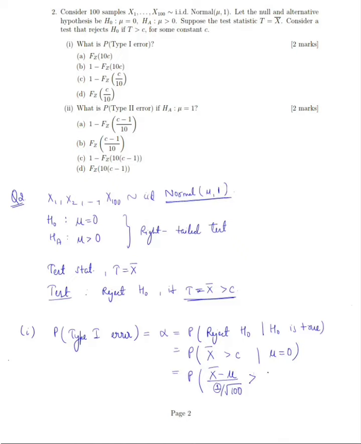The same thing we have to do on the right hand side. It becomes c minus mu divided by 1 upon root n, given mu equals 0.